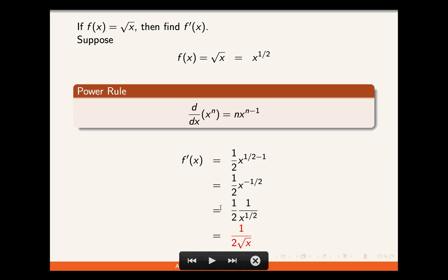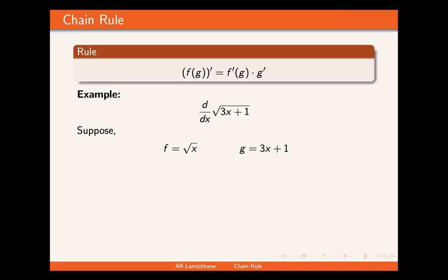So this is the derivative of the square root of x. Okay, so the derivative of the square root of x is 1 over 2 times the square root of x. What is the derivative of g? It is 3. And now we have f, g, f prime, and g prime.